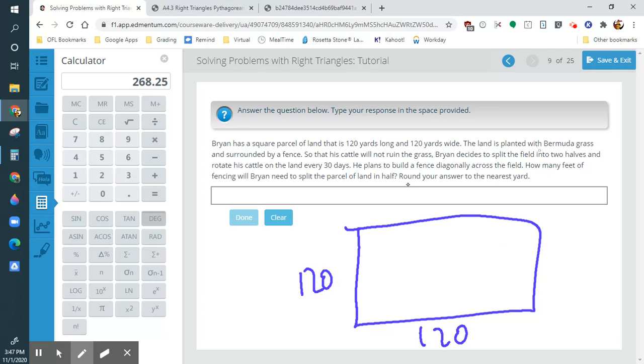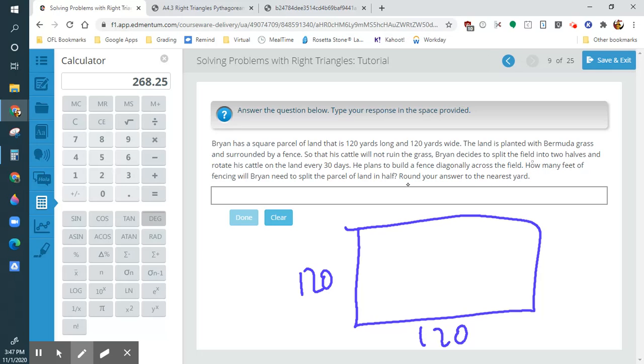The land is planted in Bermuda grass surrounded by a fence, so his cattle will not ruin the grass. He decides to split the fence into two halves and rotate the cattle every 30 days.